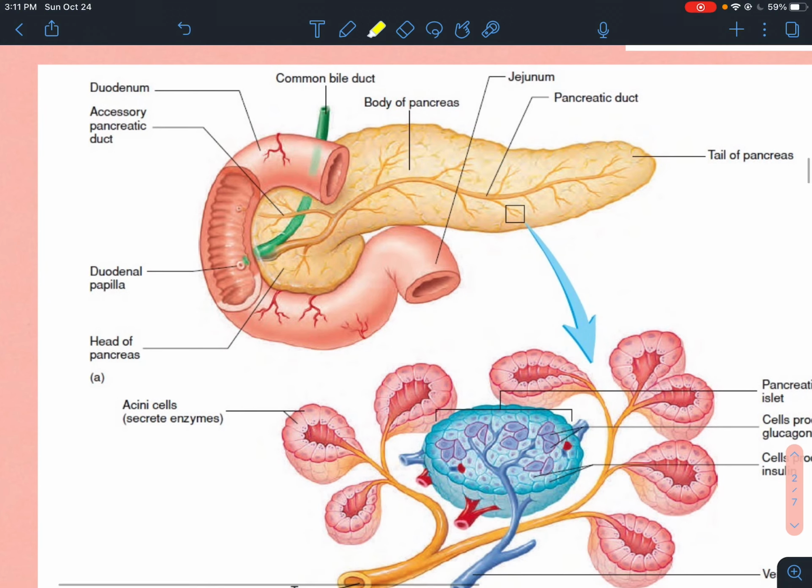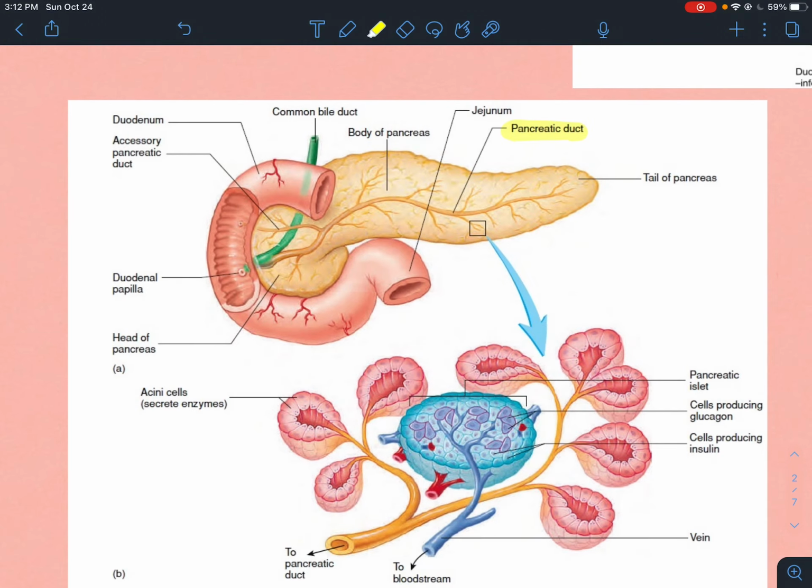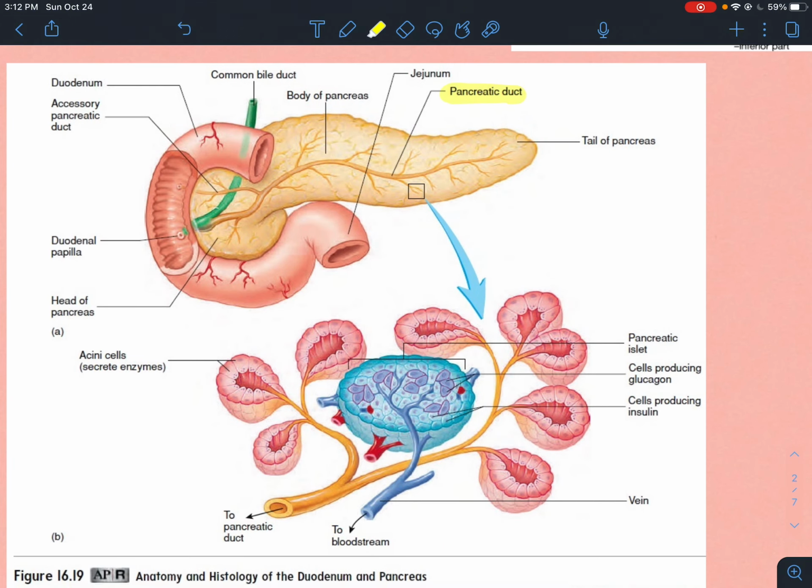Let's review some of the basics of the pancreas to understand what is flowing through that pancreatic duct. We did go over the histology of the pancreas in the endocrine chapter. So if you need a review of that material, please look at endocrinology for a discussion on what the histology of the pancreas looks like.